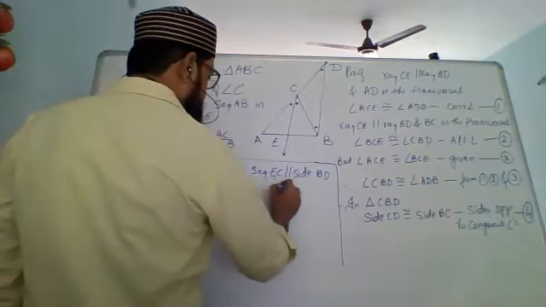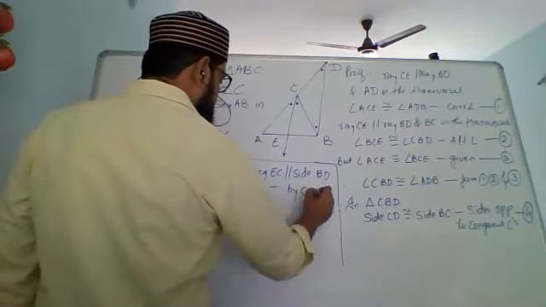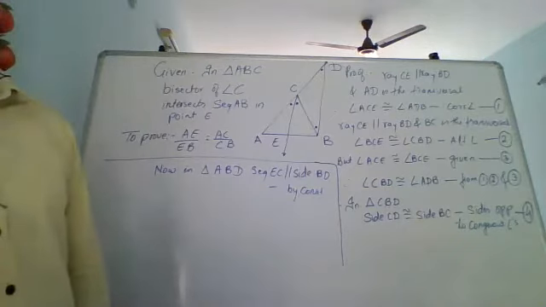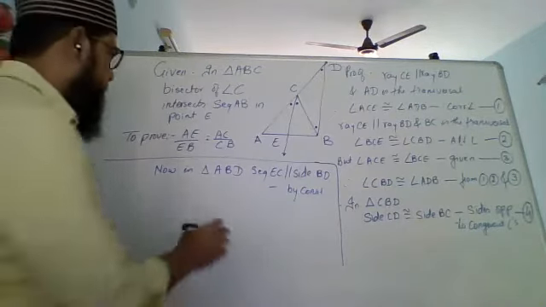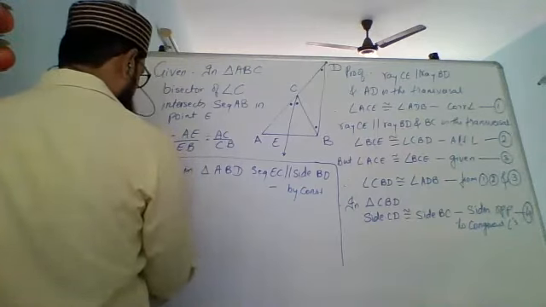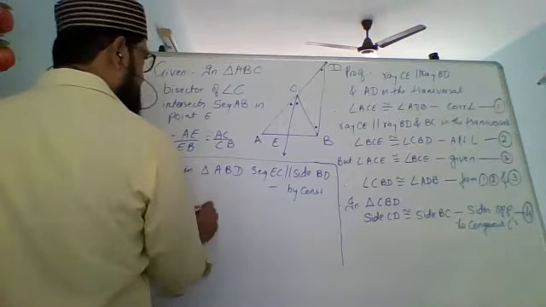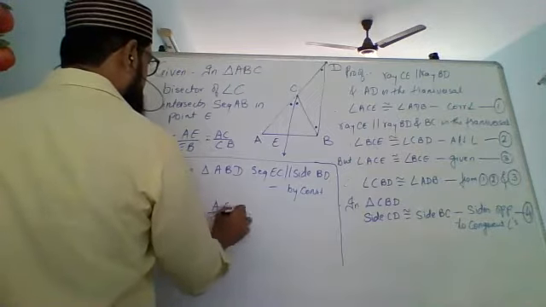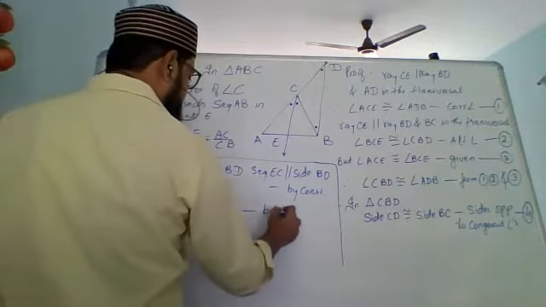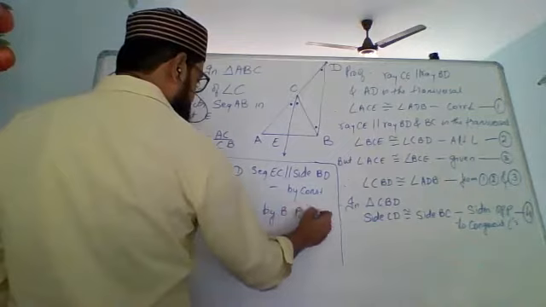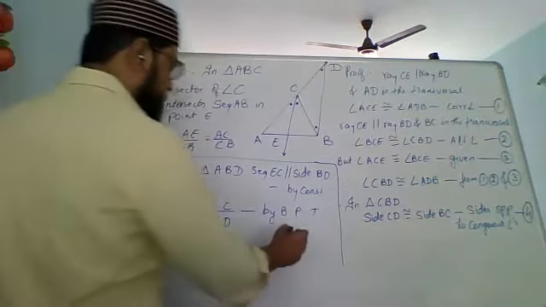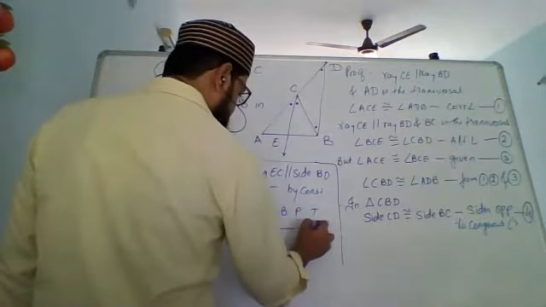Because it is parallel to side BD, we'll apply BPT. Therefore, AE upon EB equals AC upon CD by basic proportionality theorem. Call this equation number 5.